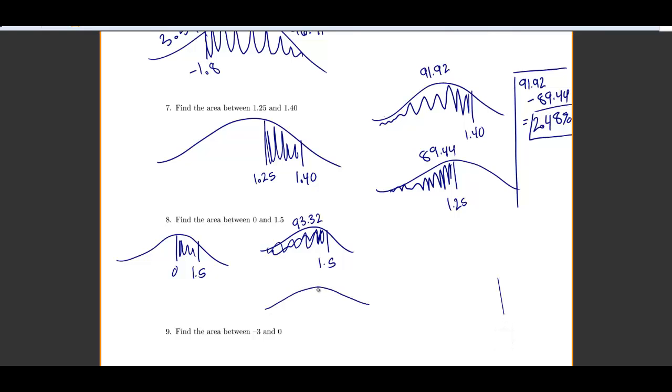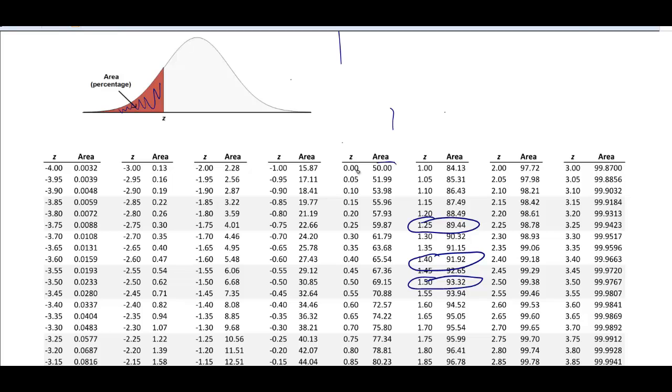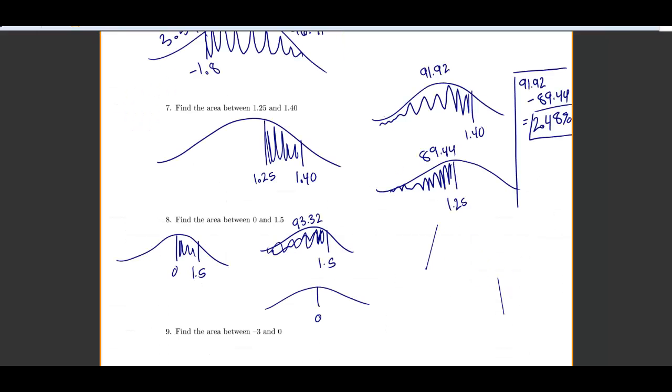I only want the area to 0. So now let's look up 0 on my table. 0 gives me an area of 50. So the area to the left of 0 is 50. But again, I only want the area in between, so I will subtract them. 93.32 minus 50 is 43.32.